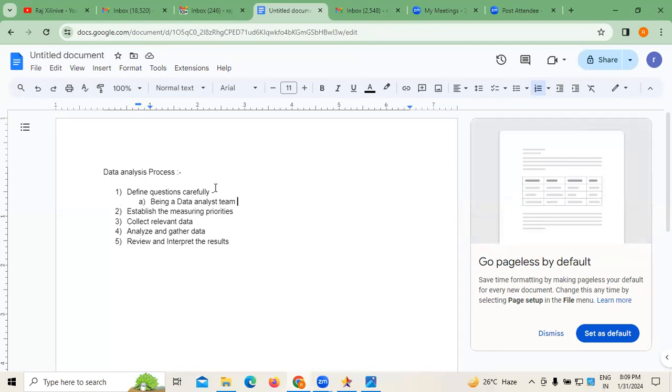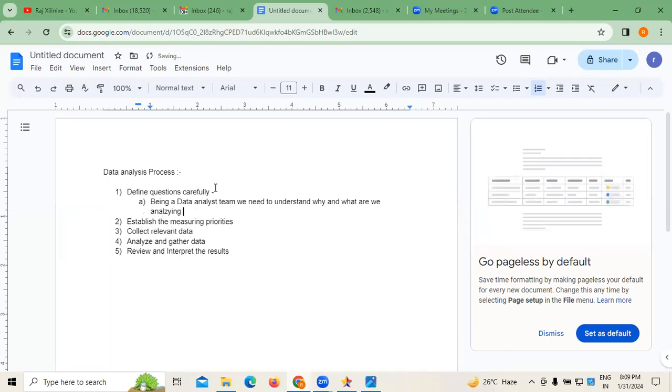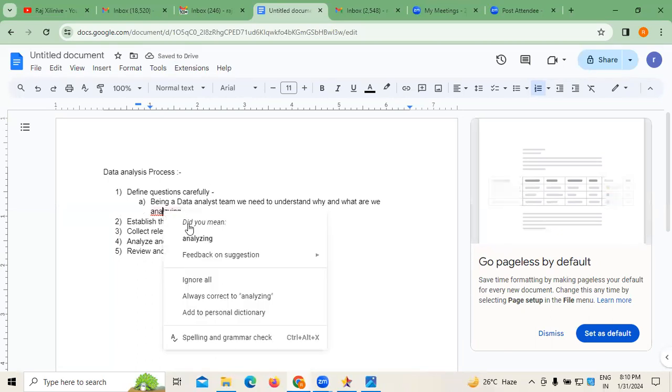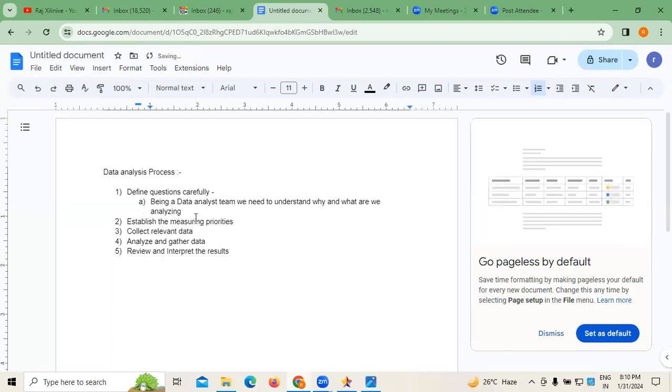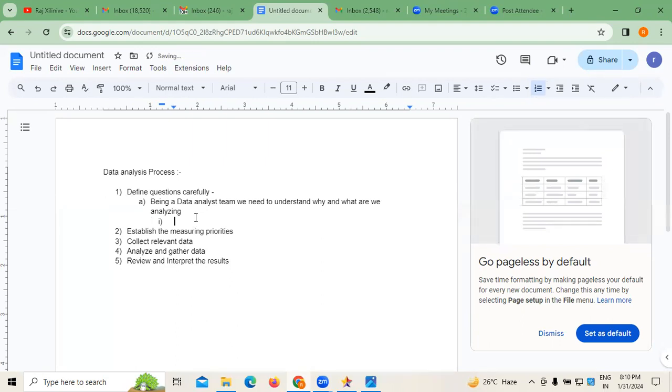Now, when it comes to defining questions carefully, being a data analyst team, we need to understand why and what we are analyzing. Okay. First of all, we should have clarity over this. This is the first thing. Second, we need to understand the following questions.